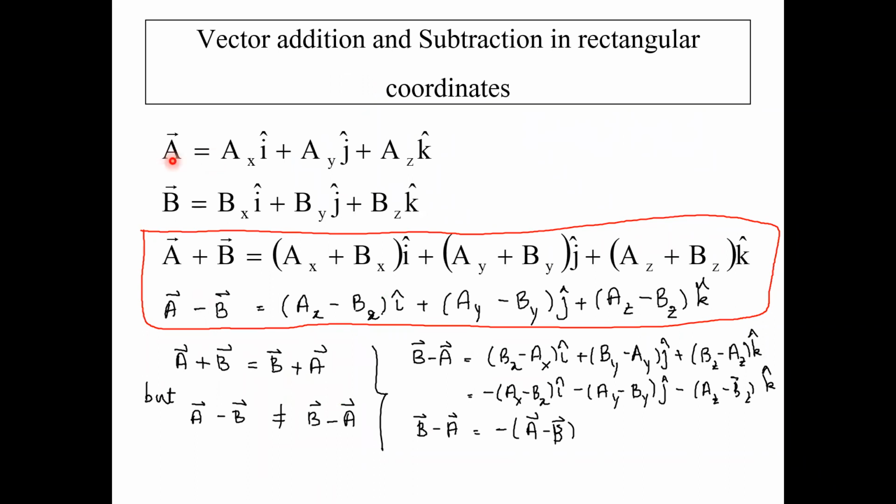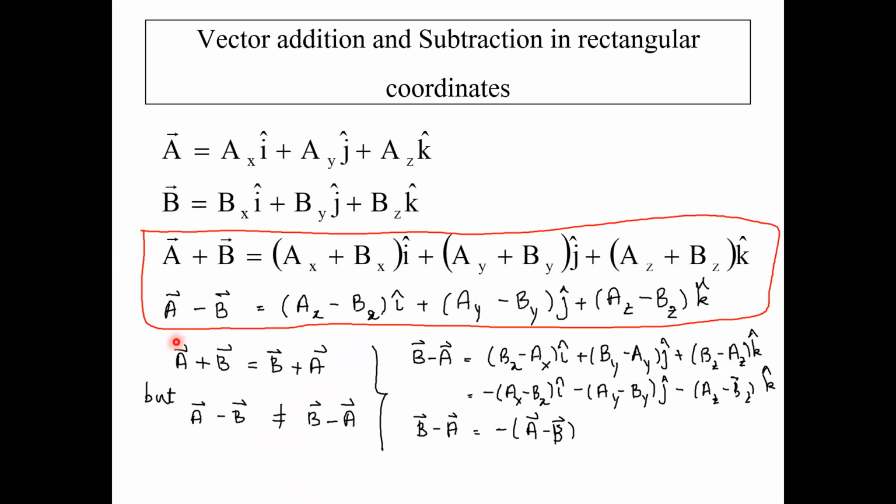So if you have A in rectangular coordinates, written as Ax i plus Ay j plus Az k, and B as Bx i plus By j plus Bz k, then the addition A plus B is (Ax plus Bx) i plus (Ay plus By) j plus (Az plus Bz) k.